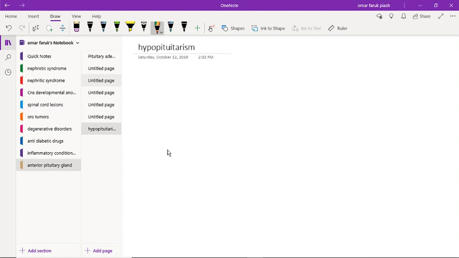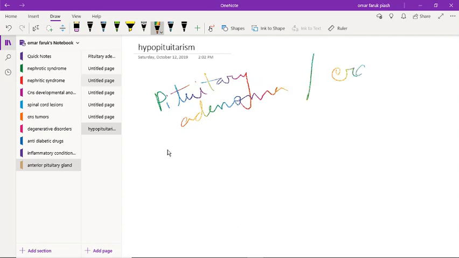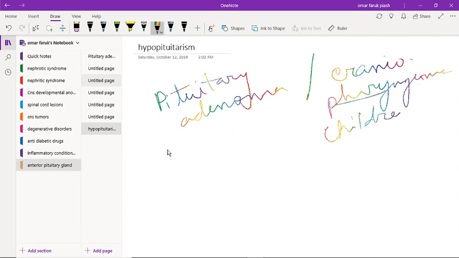The causes are pituitary adenoma or craniopharyngioma: craniopharyngioma in children and pituitary adenoma in adults.